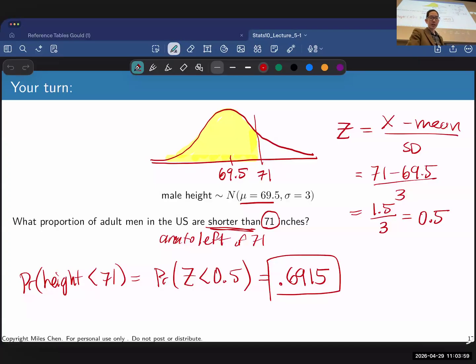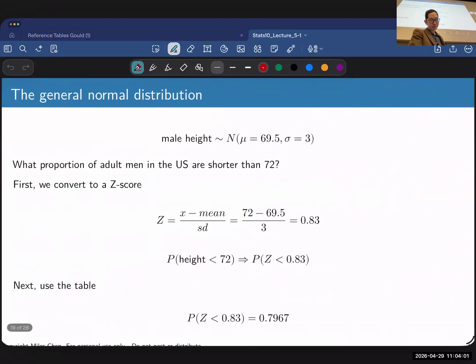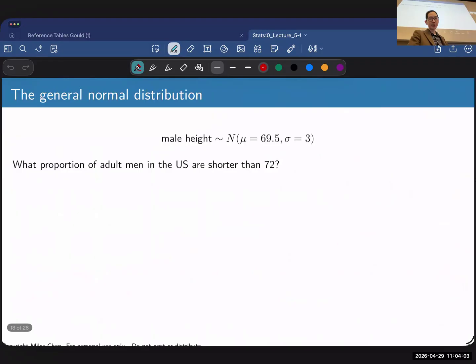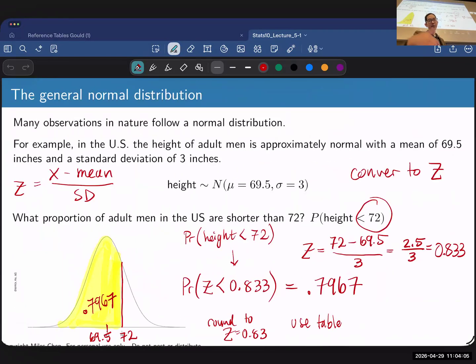So anyway, what we did was we said, if you have this general situation, the heights of adult men follow a normal distribution where the mean is some number and the standard deviation is another number. We could ask something like, what proportion of people have heights under, say, 72 inches?